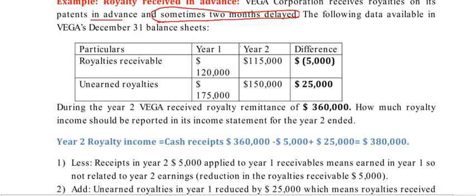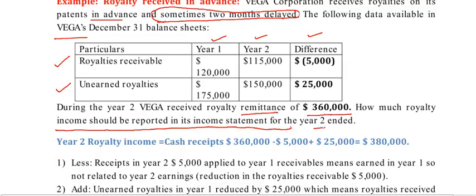The following data is available in Vega's December 31st balance sheet: royalty receivable, unearned royalties, year 1 and year 2, and the difference is given. During year 2, Vega received royalty remittances of 360,000. How much royalty income should it report in its financial statements for year 2?